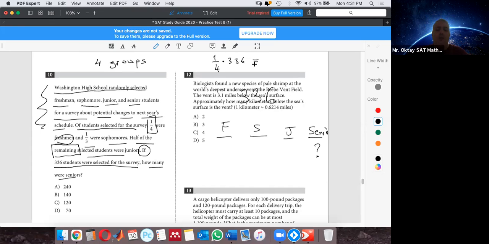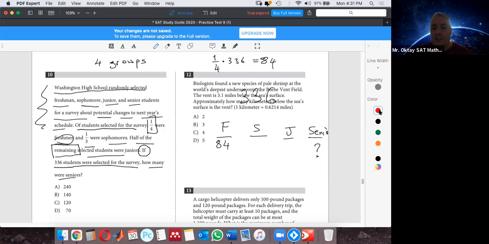So use your calculator. I can do it in my mind also, but let's use the calculator since we are allowed to use it. It is 336 divided by 4, which is equal to 84. Now, there are 84 freshmen.